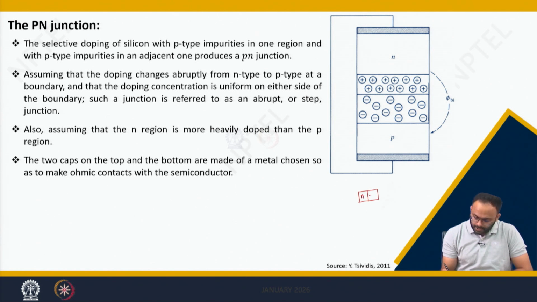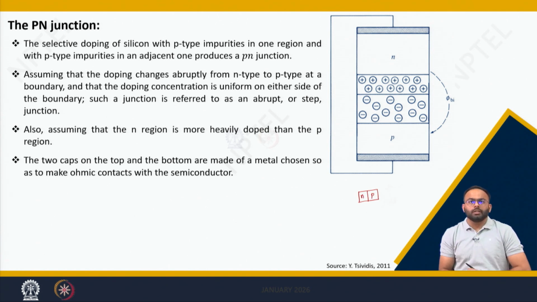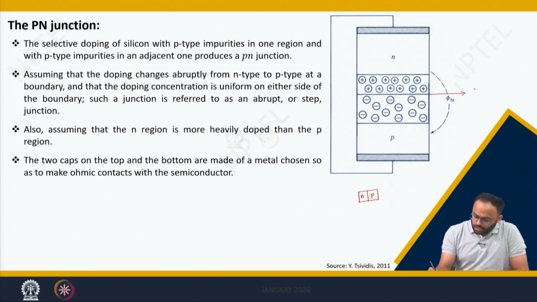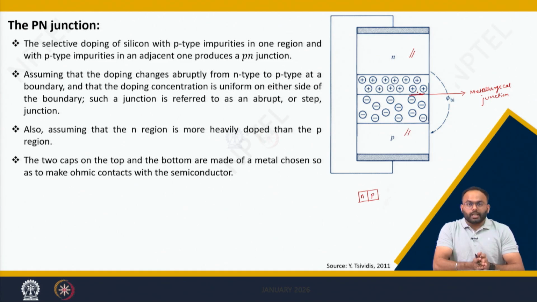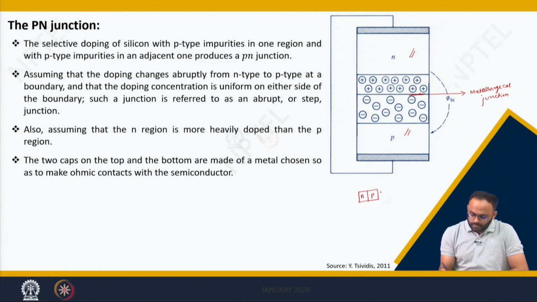So here N-type material and P-type material have been taken and they form a junction. This is known as the metallurgical junction, where the N region and P region meet. When you join N-type and P-type, what will happen? Because of the high concentration of electrons on the N side, they will diffuse towards the P side.